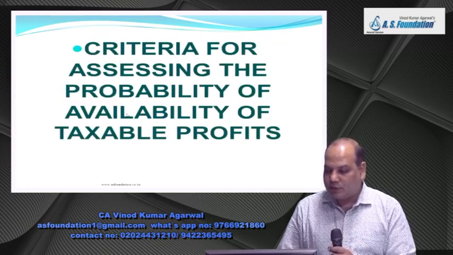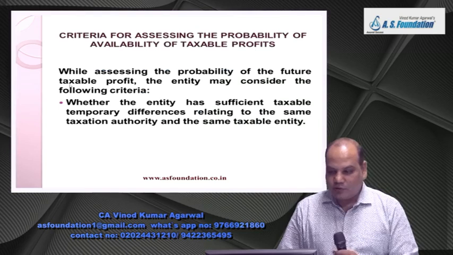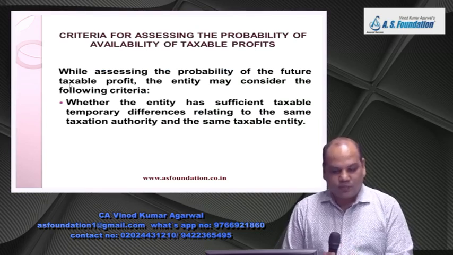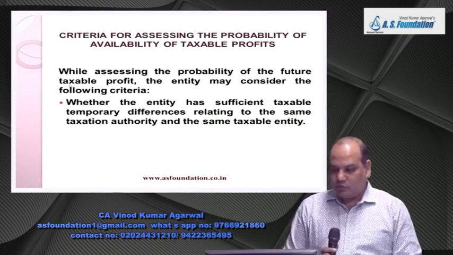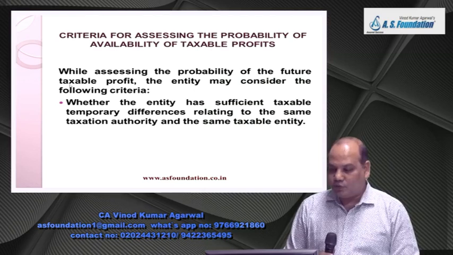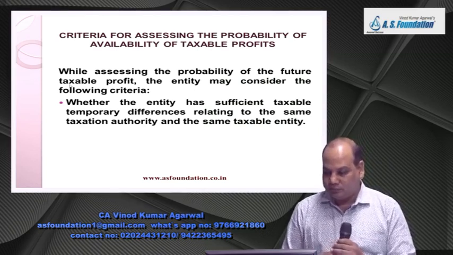Criteria for assessing the probability of availability of taxable profit. So the standard has gone one step further. You just can't simply say that yes, we will have profit. While assessing the probability of future taxable profit, the entity may consider the following criteria. 1.